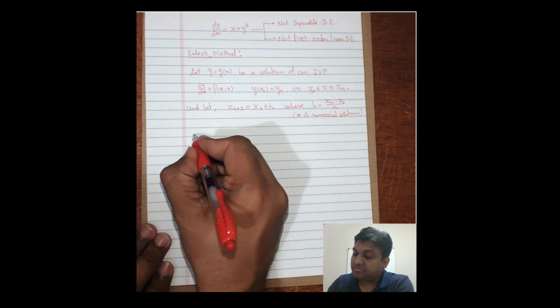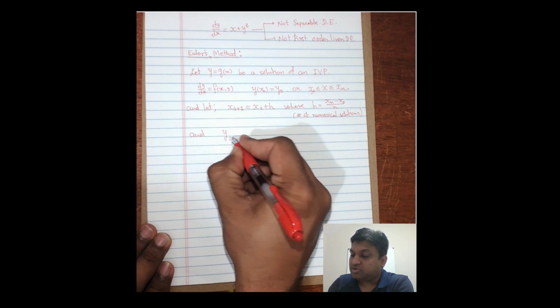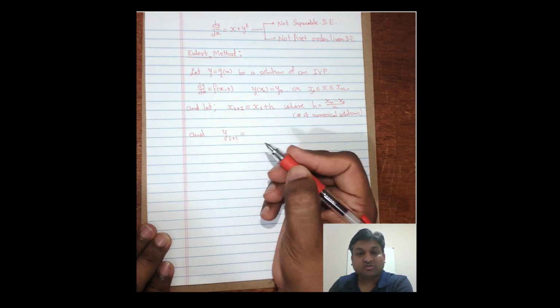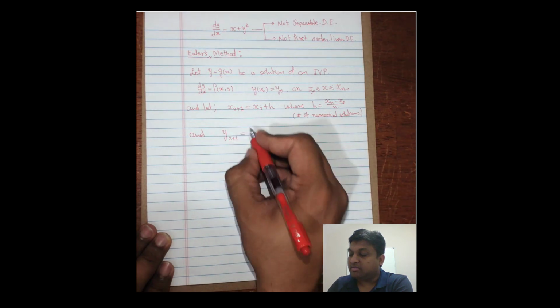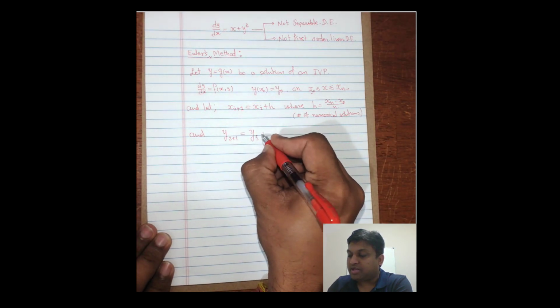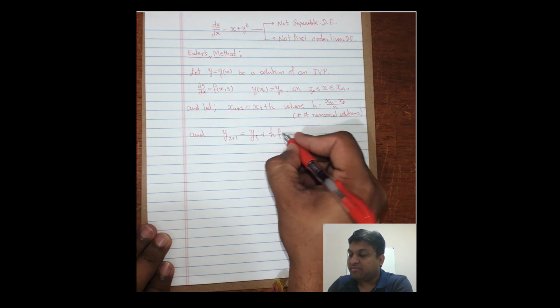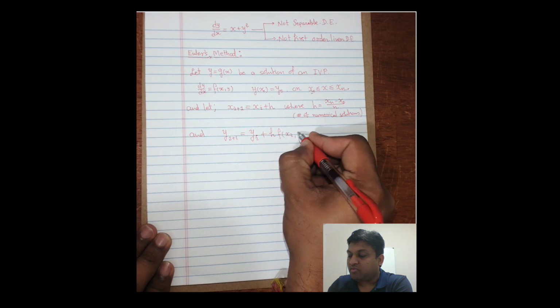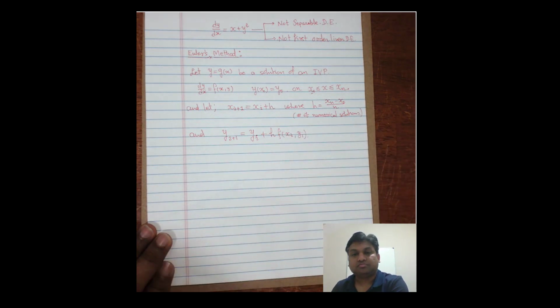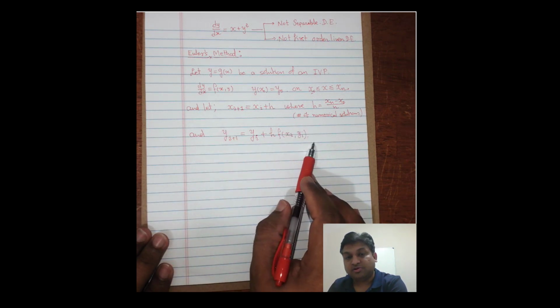In such a case, I can calculate the i plus 1th numerical solution using the following formula. It is yi plus h times the function evaluated at xi, yi. So this is the formula to compute the i plus 1th solution.